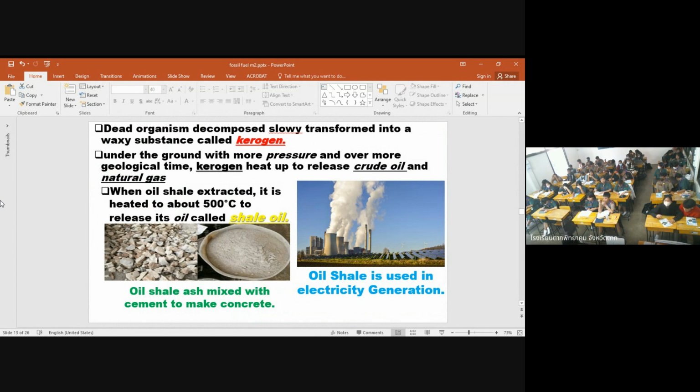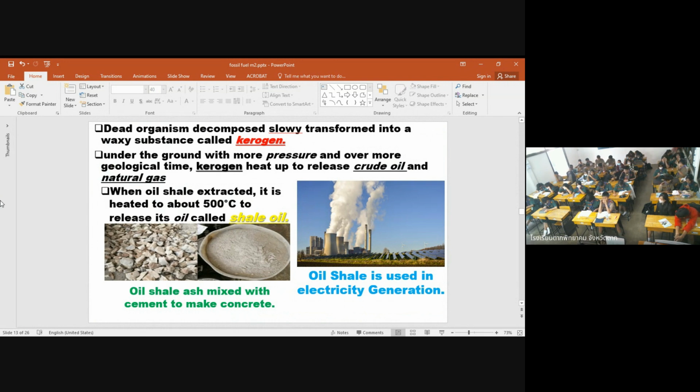Have you tried to burn the wood? And then when it's burned, yes, there is a brown-gray color that is ash. Okay, so some of this oil shale has its ash mixed with cement to make concrete.